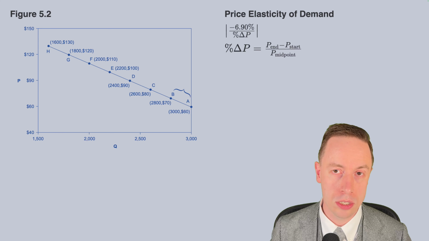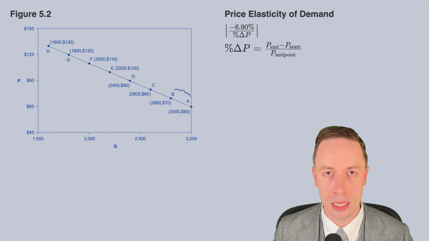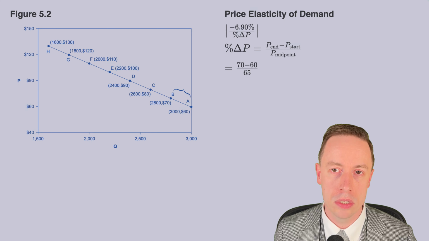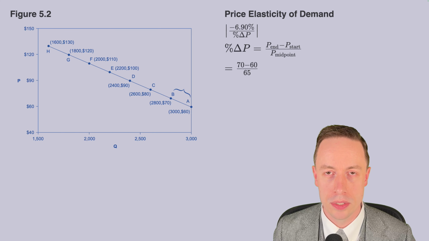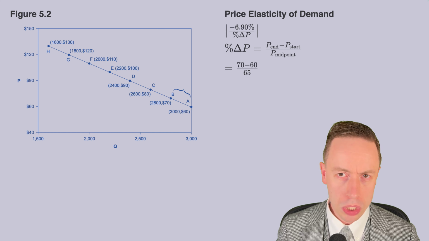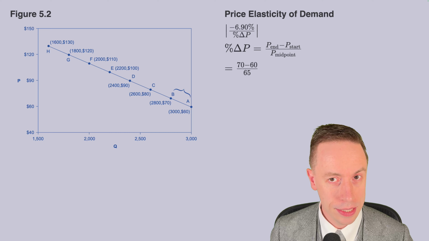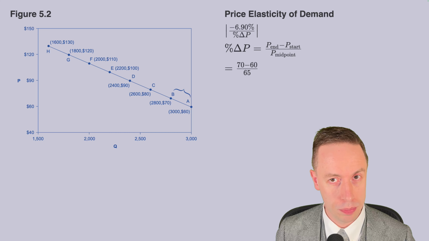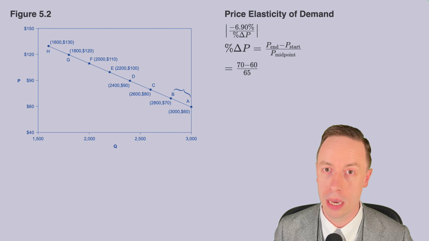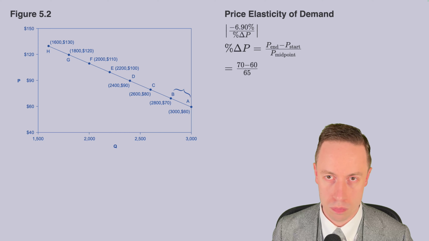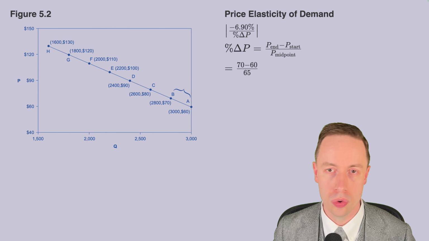This one, of course, is going to be an increase. So endpoint $70 minus start point $60 over the middle, 65. Notice I've omitted the dollar signs here. Those are going to cancel out because they're in the numerator and the denominator. By the time we're done calculating this elasticity, it will have no units at all, just two relative changes to one another.